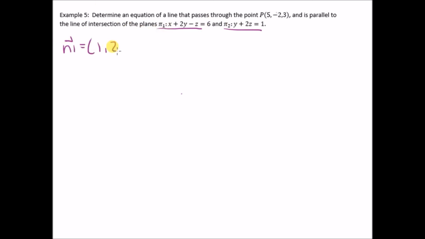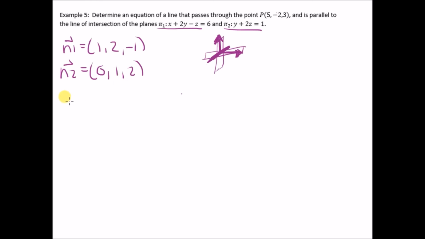I'm going to write 1, 2, and negative 1, and I'm going to go ahead and write 0, 1, and 2. If we had two planes like this, and we had their line of intersection, what we know about this line of intersection is that it's going to be perpendicular to both normals, normal 1 and normal 2.